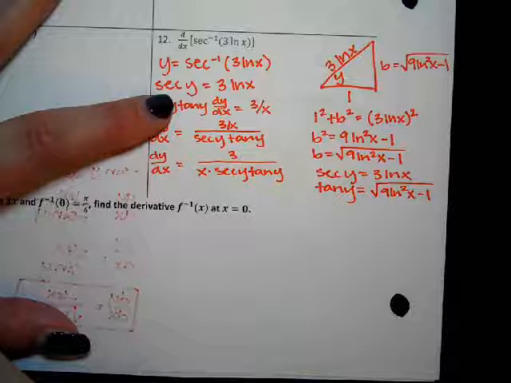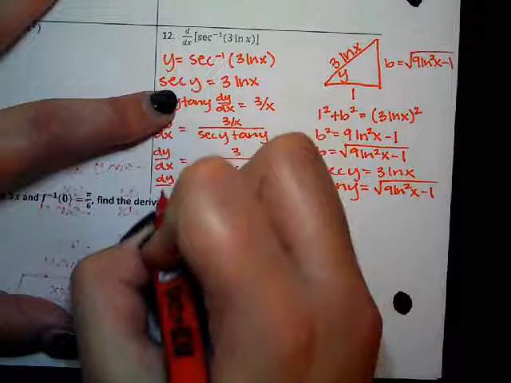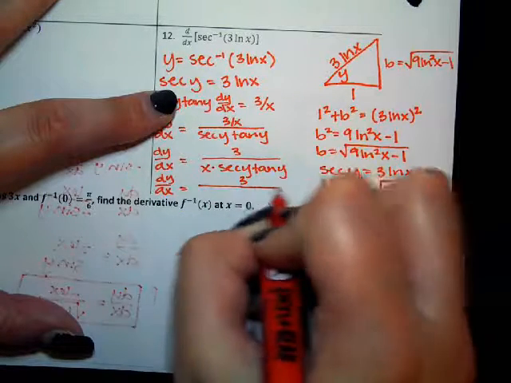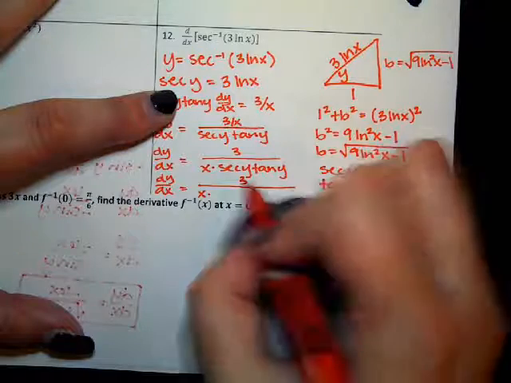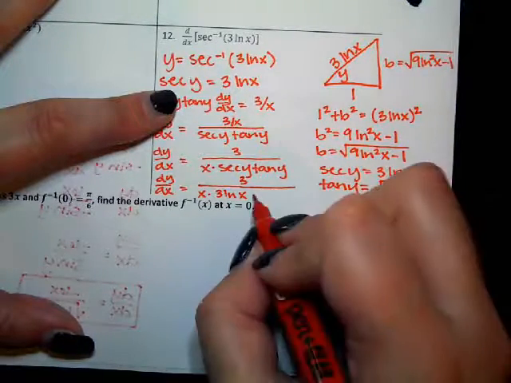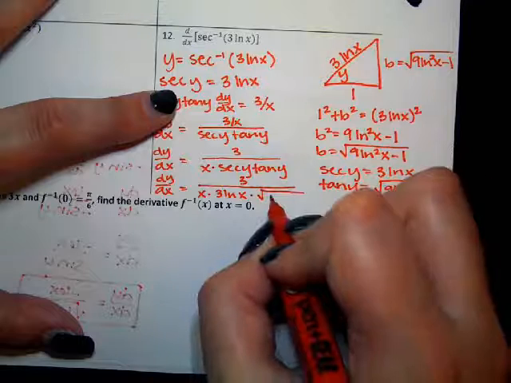So we have dy dx equals 3 on the top, x on the bottom, and then we have 3 ln x. That's the secant y. And then that whole square root, 9 ln squared x minus 1.